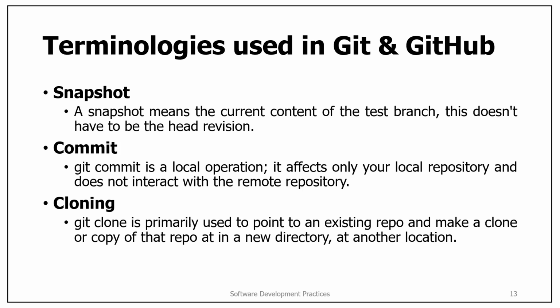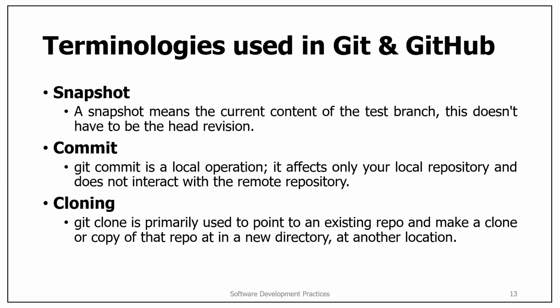Snapshot is nothing but the file which you are working on and which is ready to be saved in Git. The command which is used to save a file in Git is the commit. Before that we prepare a file, and that particular file which is ready to be saved is the snapshot.